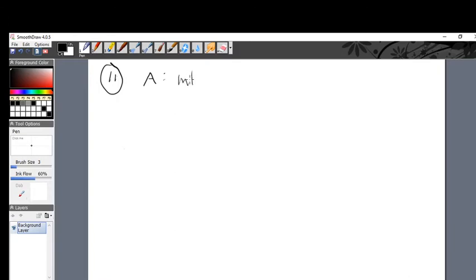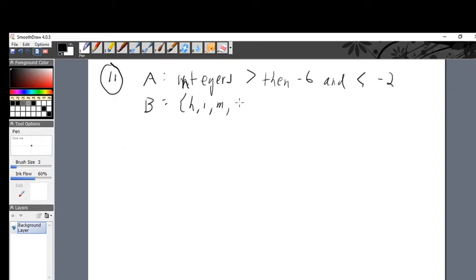It's a set of integers that are greater than minus 6 and less than minus 2. Okay, B is another set, and B has the following elements in it. It's got H, I, M, and then it's got S, U, V, and then it's got W, Y.